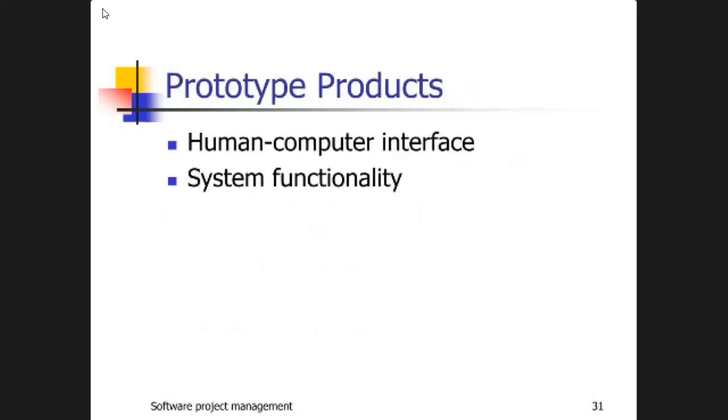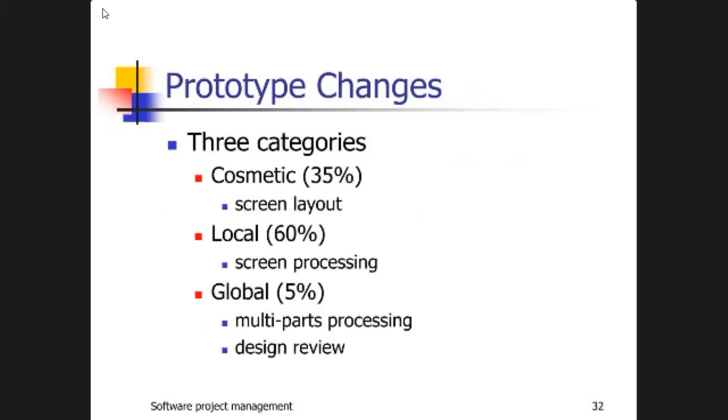Prototype products: human computer interface, system functionality. Prototype changes: there are three categories: cosmetic 35%, screen layout; local 60%, screen processing; global 5%, multi-parts processing and design review.